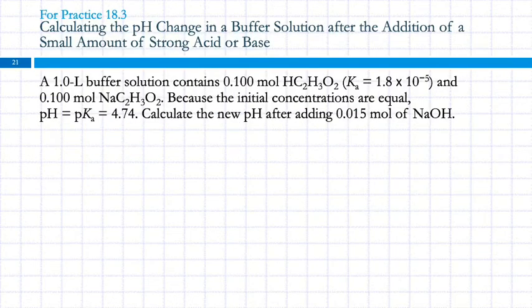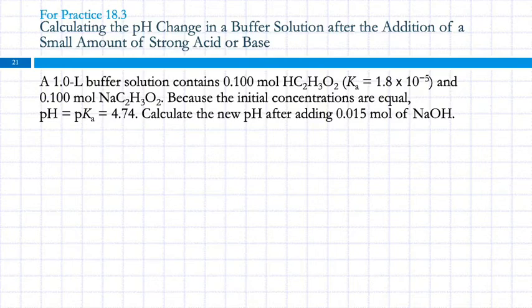Okay, so let's do a calculation. A 1 liter buffer solution contains 0.1 moles of acetic acid and 0.1 moles of sodium acetate. Because the initial concentrations are equal, the pH is equal to the pKa, which is 4.74. Calculate the new pH after adding 0.015 moles of sodium hydroxide. Well, what is the sodium hydroxide going to react with?